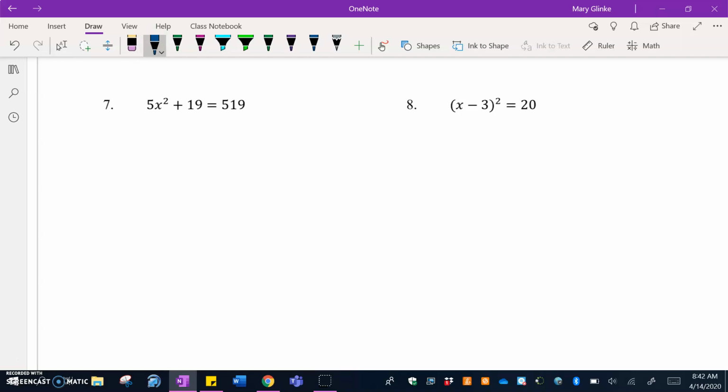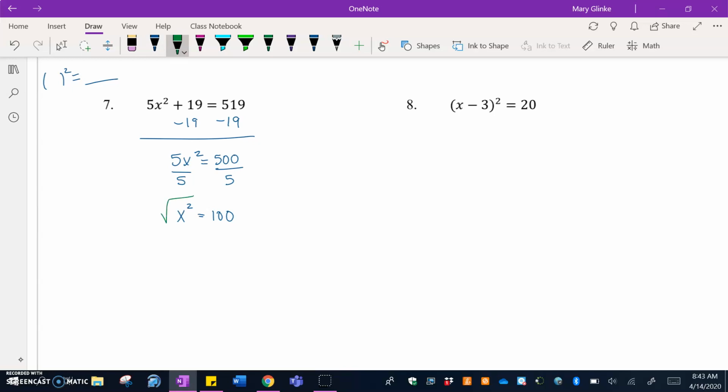So again, our goal is to get the squared term by itself. So we have to first move the 19 to the other side. We get 5x squared equals 500. Then we still have to get rid of that 5 because the 5 is not being squared, only the x. So we have x squared equals 100.